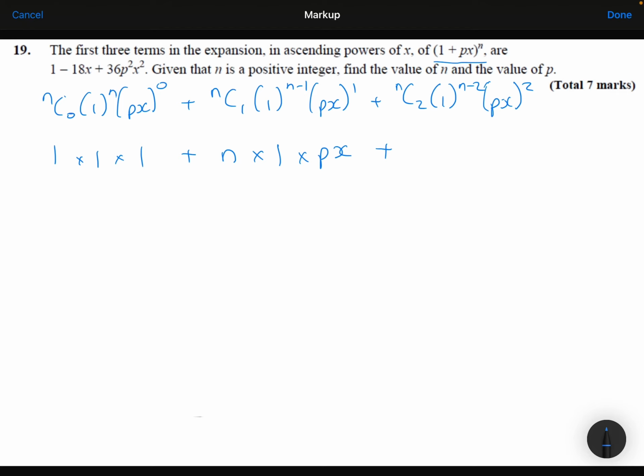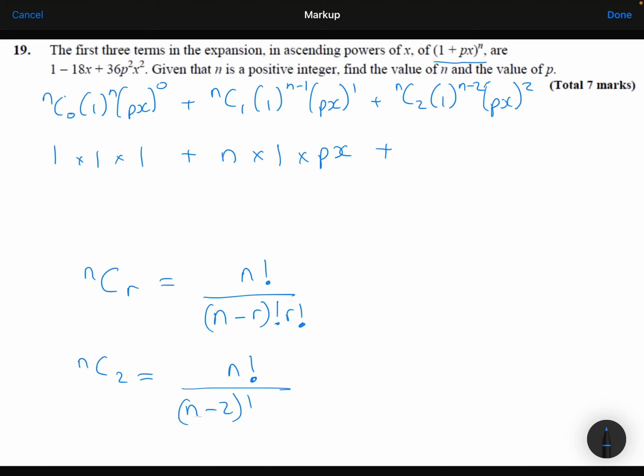nC2, I sometimes forget what that is, so let me go back to the nCr formula so I can calculate it. So this is the nCr formula. In this case, it's nC2, so we'll have n factorial over (n minus 2) factorial times 2 factorial.